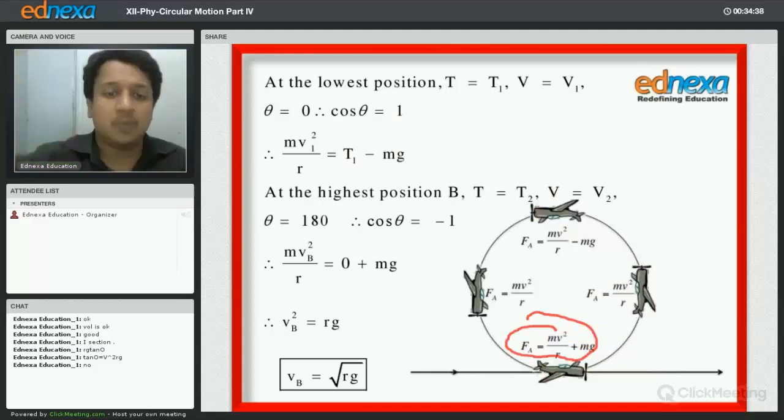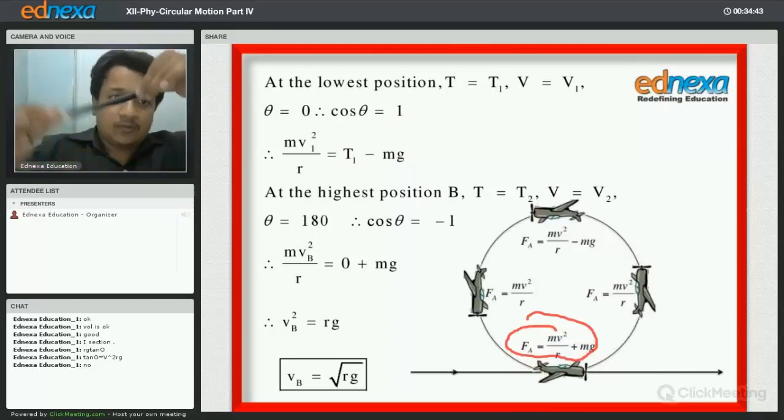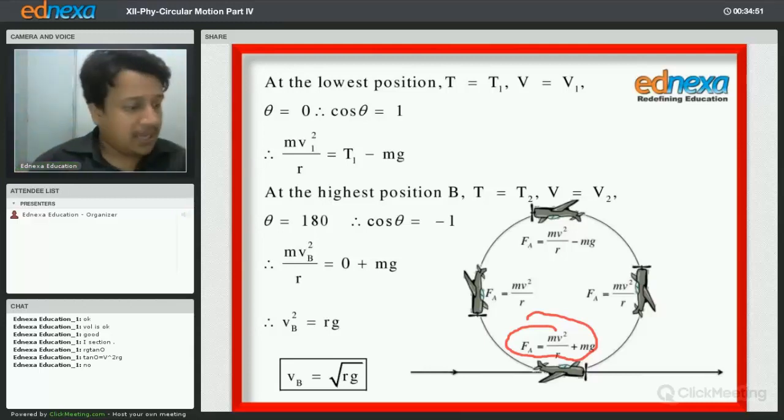What will happen at the topmost position? At the topmost position, the object is initially like this way. When it reaches over here, how much angle is covered? Yes, the angle covered is 180 degrees. So as the angle covered is 180 degrees, obviously cos 180 is minus 1.